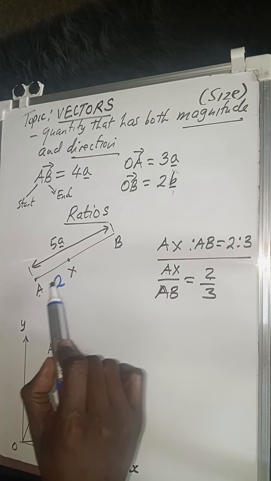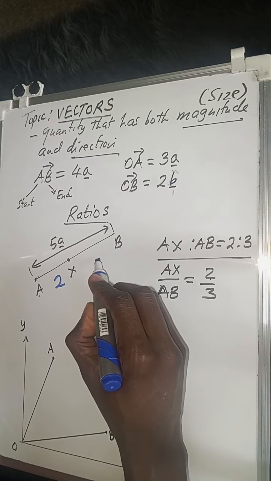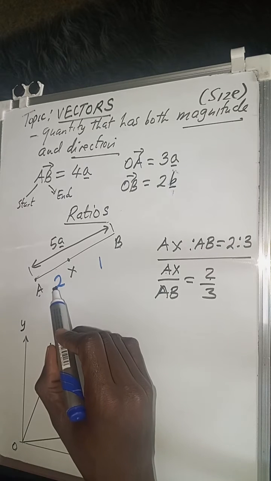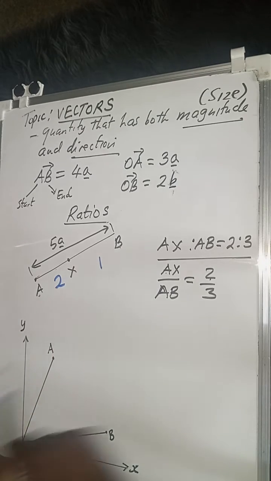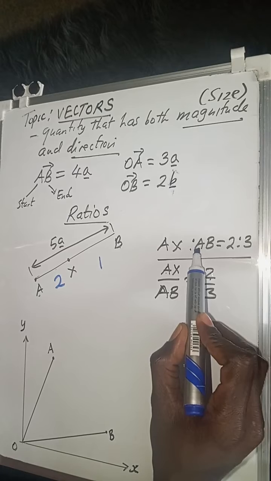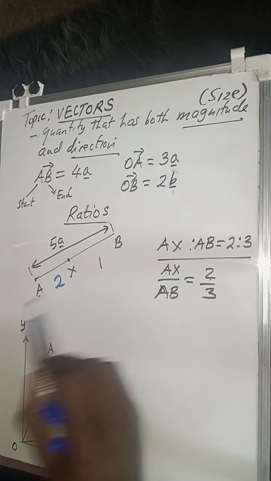So if the ratio is a 2 there, it simply means here it is going to be a 1, such that when you add this plus that gives you a 3. No wonder they tell you the ratio AX to AB is simply 2 to 3. So please pay attention there.